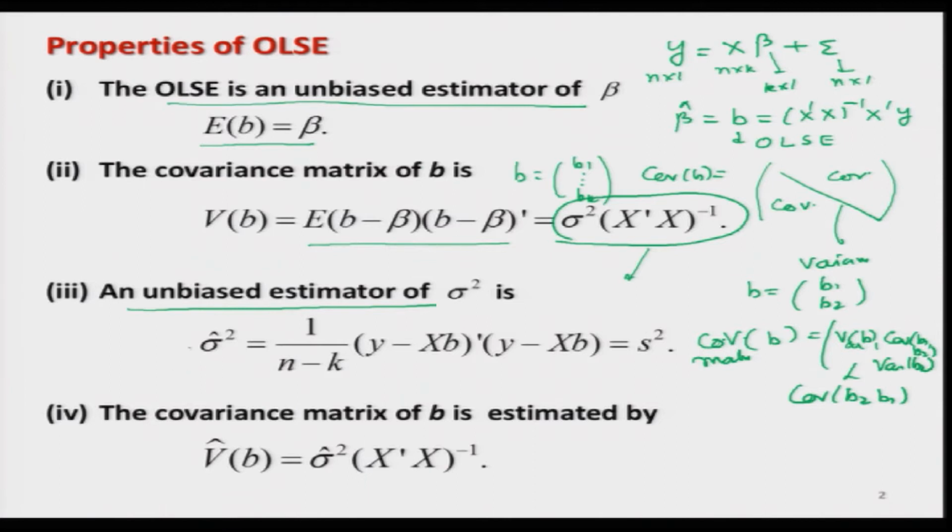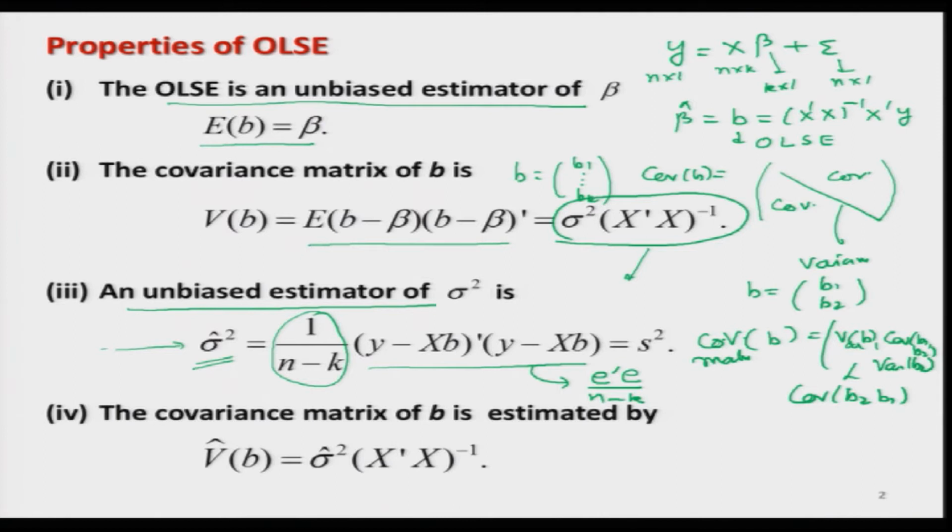This is obtained by this expression: let sigma hat square indicate the estimator of sigma square, which is given by 1 upon n minus k times (y minus Xb) transpose (y minus Xb). And this term, y minus Xb, is e, so this becomes e transpose e divided by n minus k. Very simple to remember.